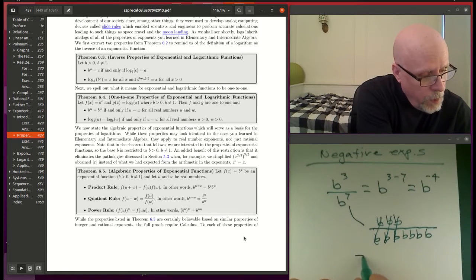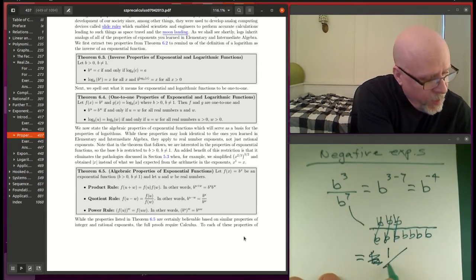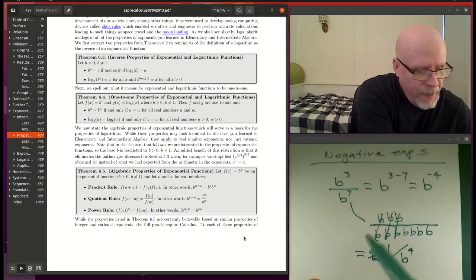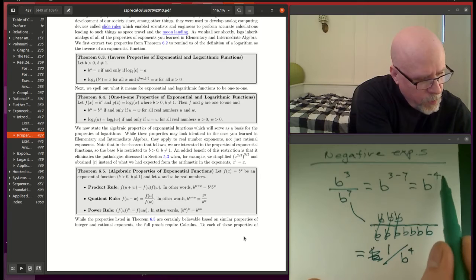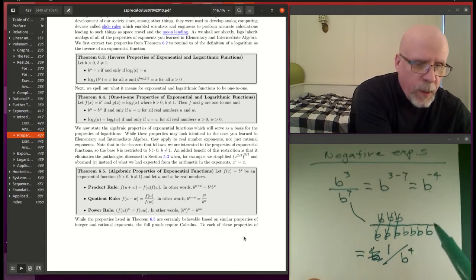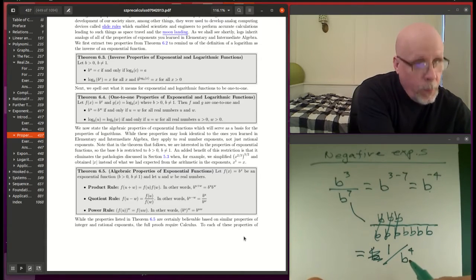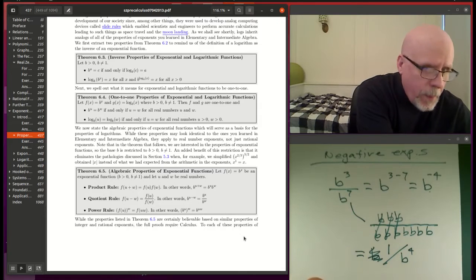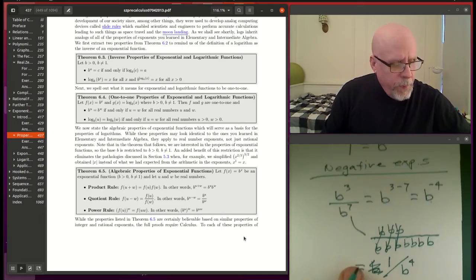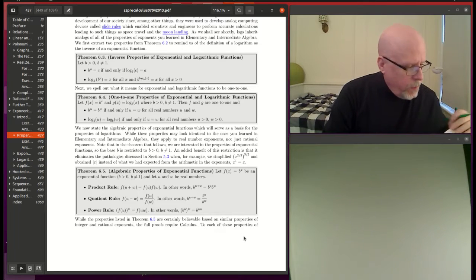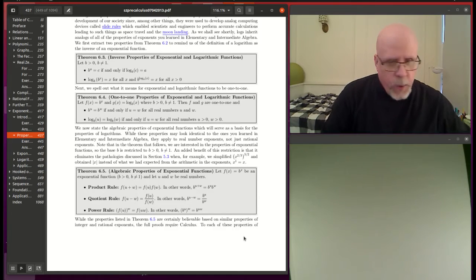So it's 1 divided by b to the 4th. It turns out that that's what we use as a way to understand the meaning of a negative exponent. If you see b to some negative power, it just means the same power positive in the bottom of a fraction.